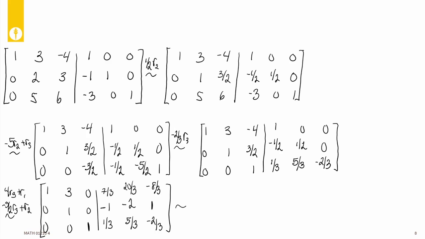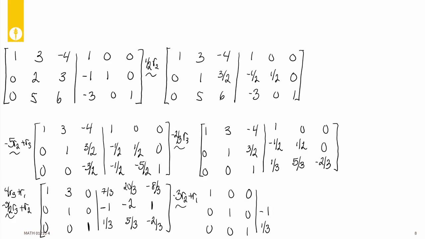What's next? -3 row 2. First column will remain unaffected. Second column becomes that, and third column remains unaffected. Work our way up.